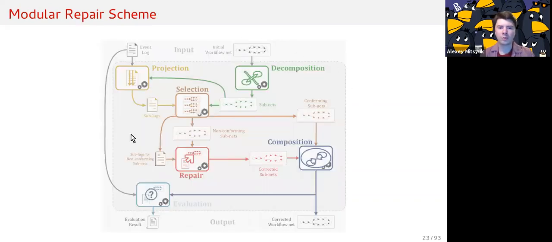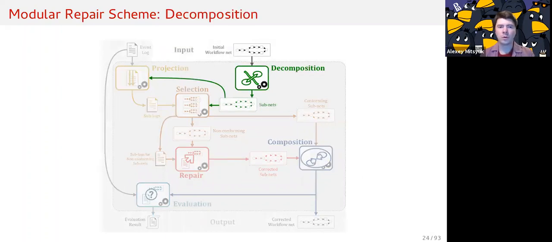The idea of our modular scheme is as follows. First, to decompose a process model using one of the decomposition methods. Then to decompose an event log using a projection procedure to obtain a set of sublogs related to subnets, to model fragments.